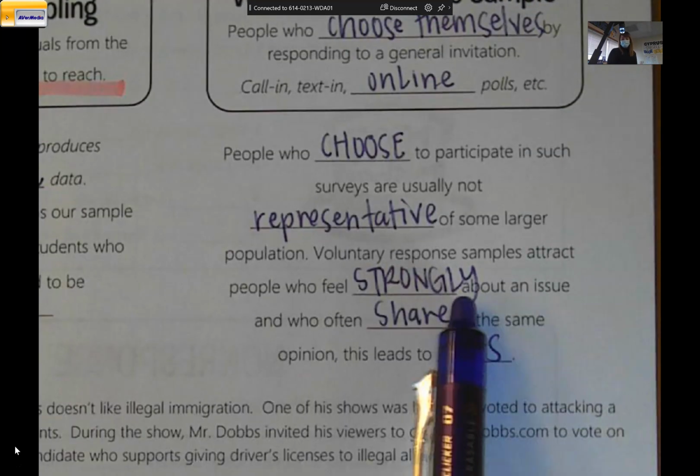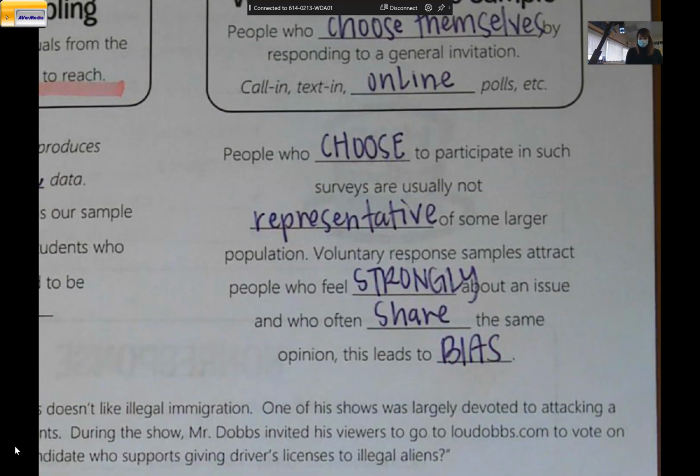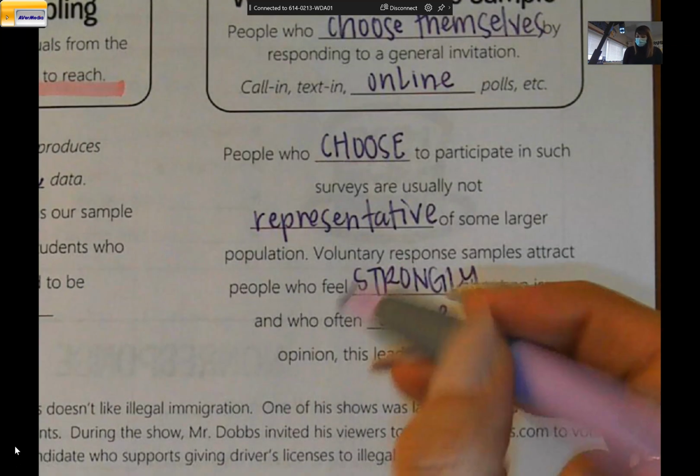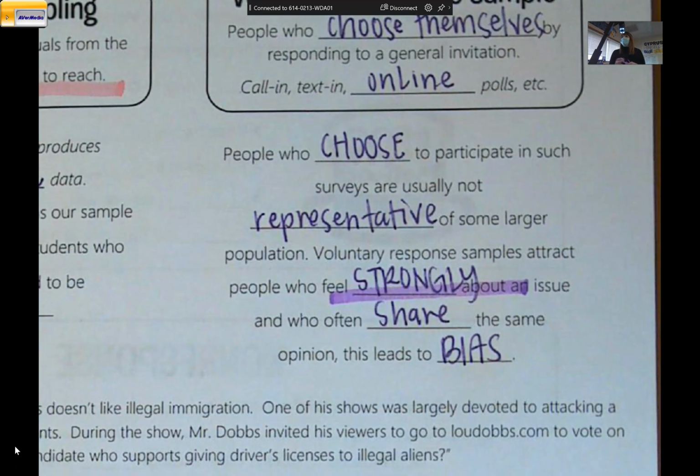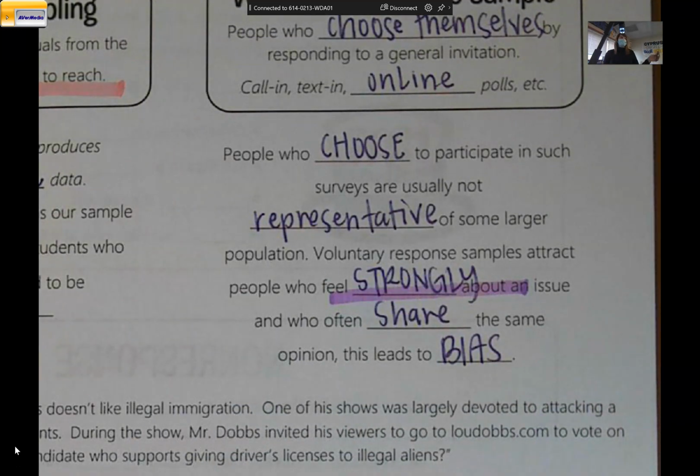So let's talk about the strongly situation first. Every time I go in to see my doctor, regardless of what I'm going for, about 2 days later I always get a survey in the mail that says, please rate our services, and they send me a postage paid envelope to send it back. Now, most of the time my visit is fine.